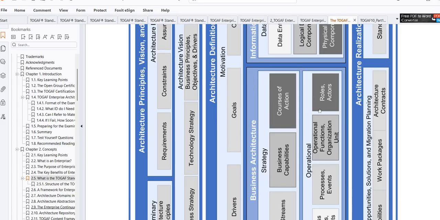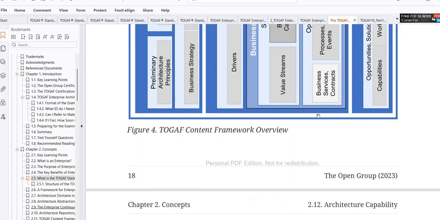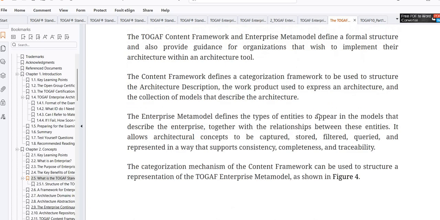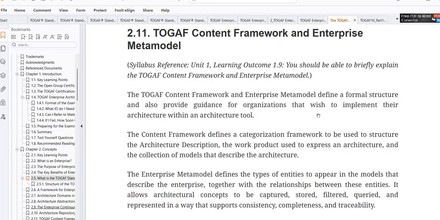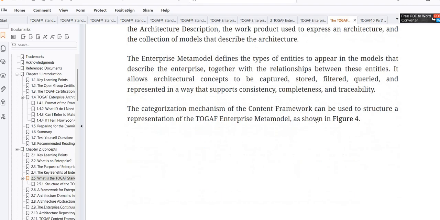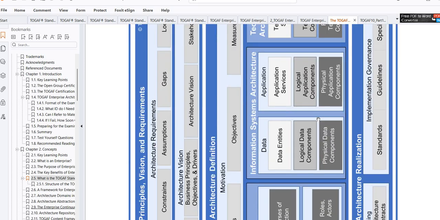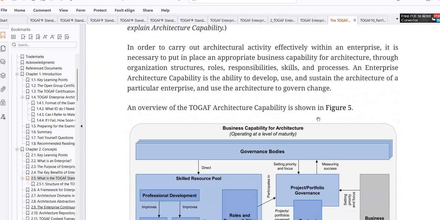These are the content framework, all combined: an enterprise meta model that defines a formal structure of guidelines of the organization. That's why it's a content framework. The enterprise continuum and architecture repositories are very important.